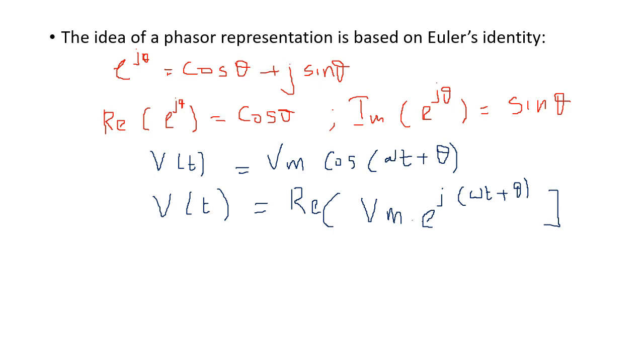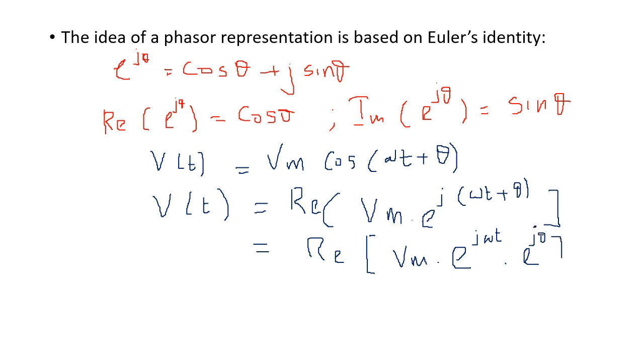So again we can write Re within brackets Vm into e to the power j (omega t plus theta). So we can write e to the power j omega t, and since addition is coming, we have to multiply by e to the power j theta.